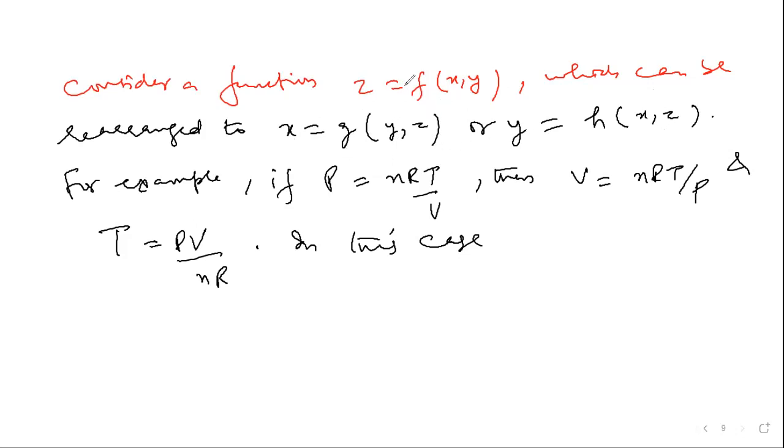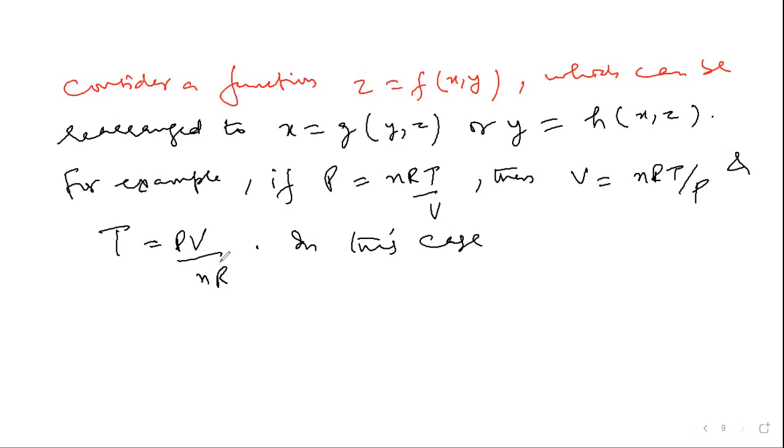So we can express this function either in terms of xy, yz, or xz, right? For example, if pressure is expressed as nRT by V, then it is expressed as a function of T and V. So we can write V equal to nRT by P. That means volume can be expressed as a function of temperature and pressure. Also, temperature can be expressed as a function of pressure and volume, because from this equation T is equal to PV by nR.